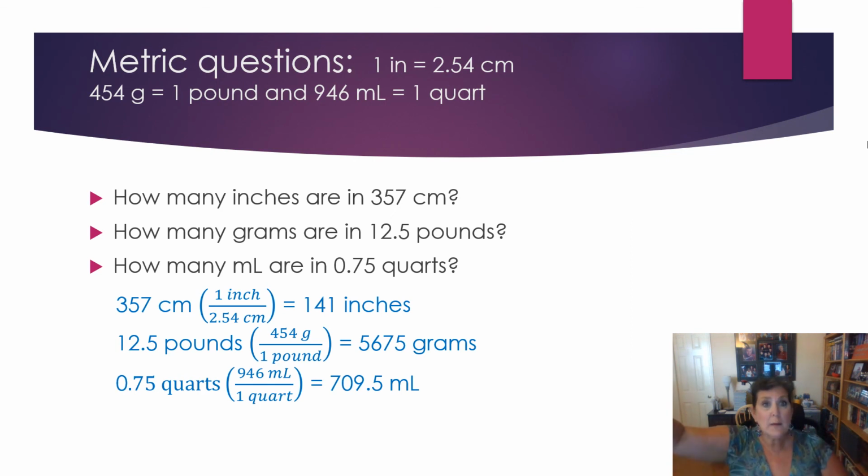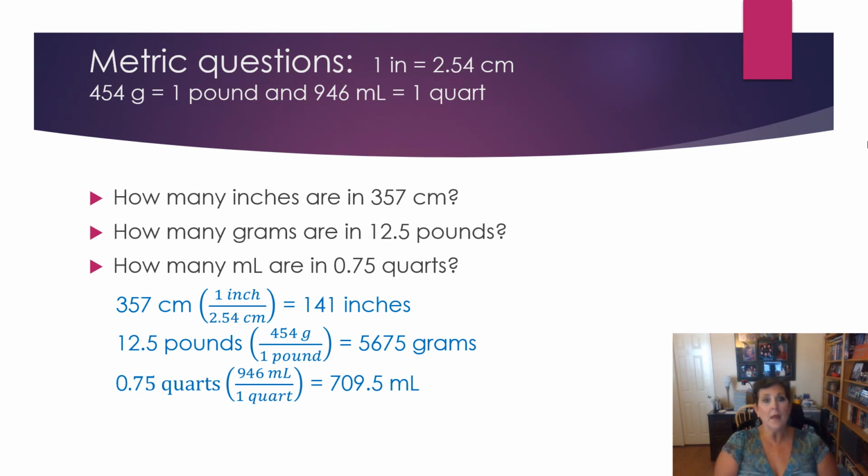So we start with centimeters, means centimeters is on the bottom. So the 1 inch is on the top. 1 inch over 2.54 centimeters. Centimeters cancels, we get inches. So it's 357 times 1 divided by 2.54 equals, and you get 141 inches.